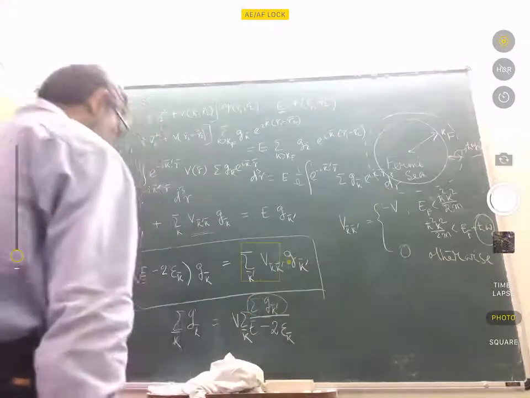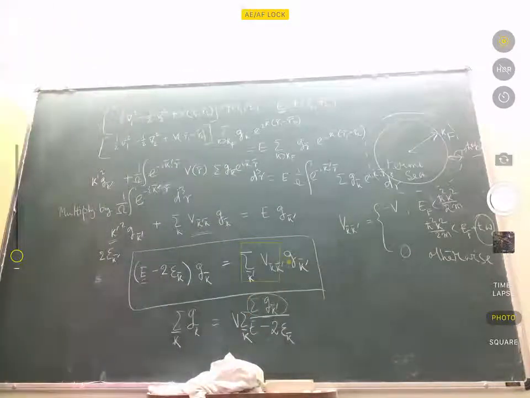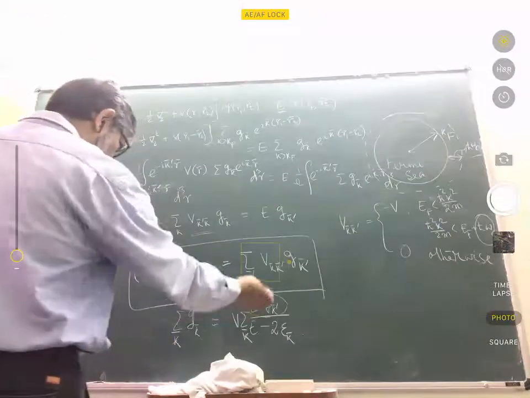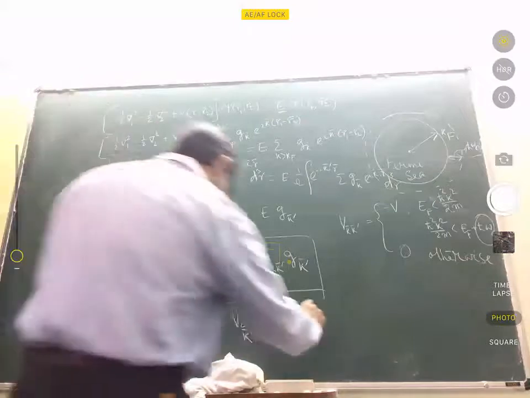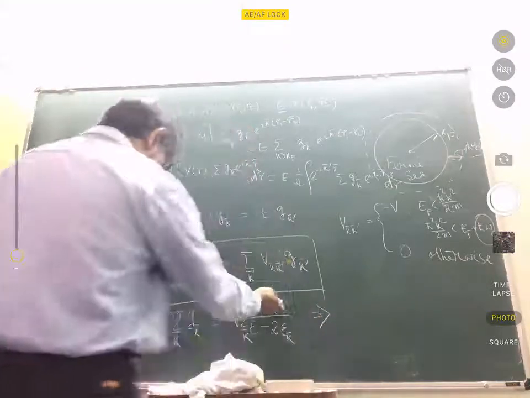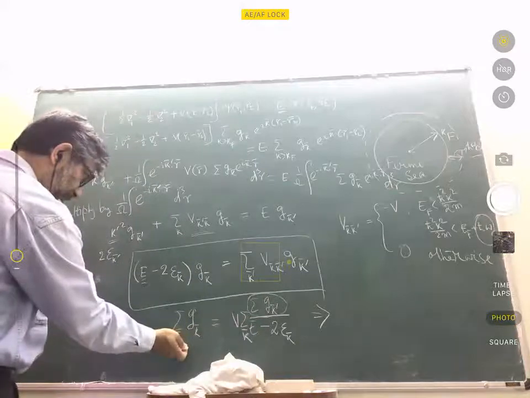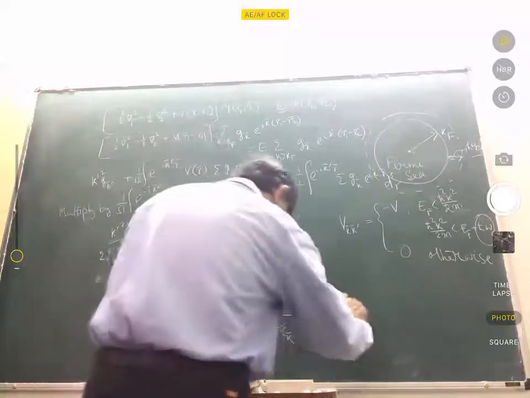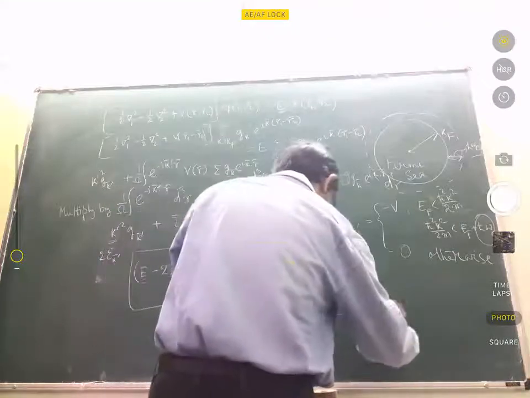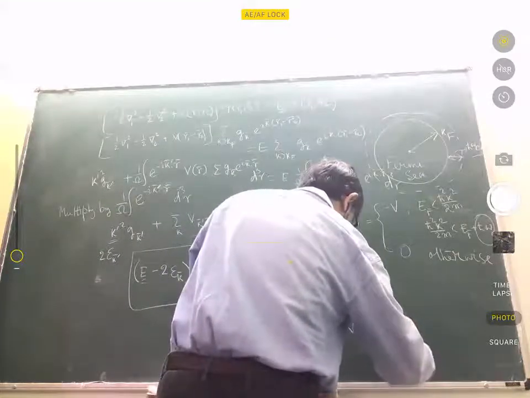I'm just summing over k prime, this thing within that range. And this constant is exactly the same as that constant. So therefore, I can write this as 1 over V is equal to sum over k.